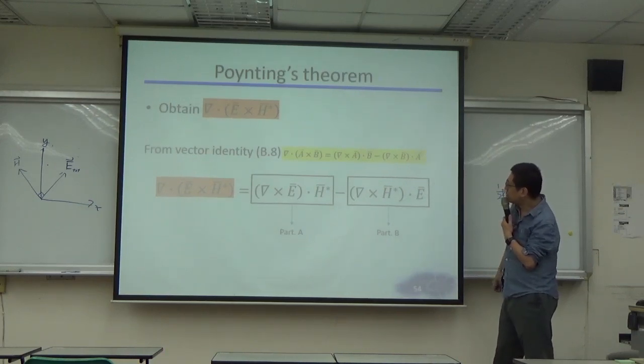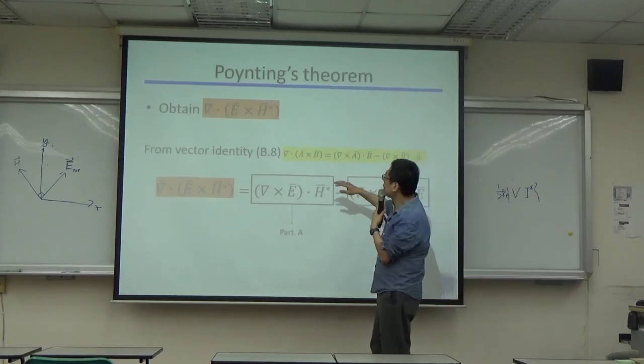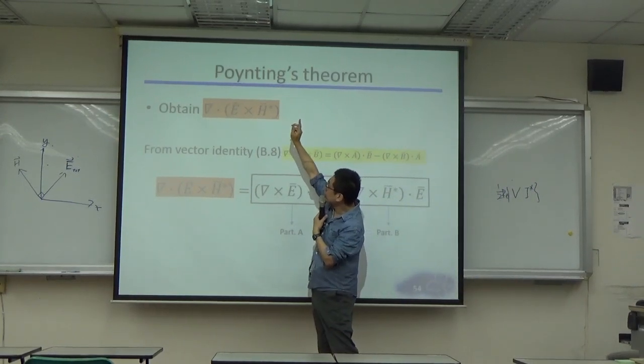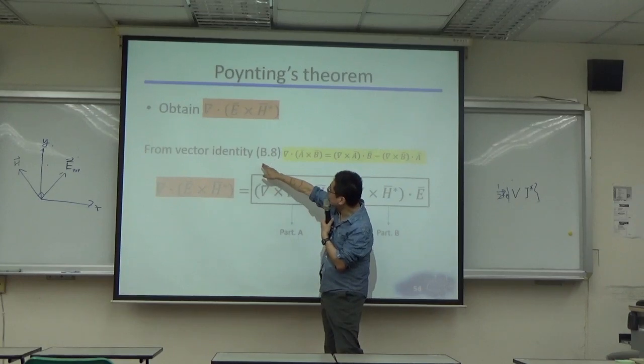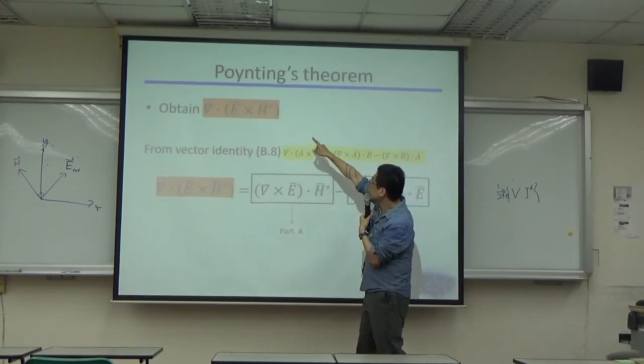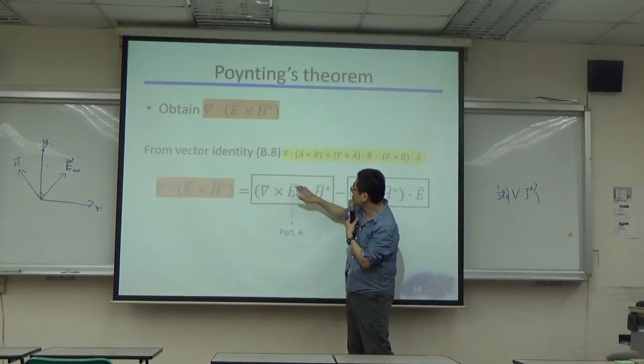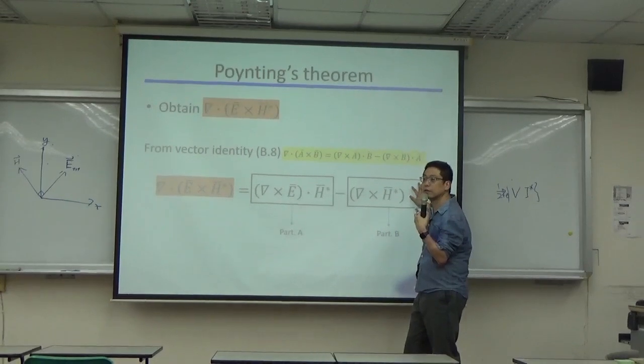Those are very complex calculations. I did it by myself before, but I want to show that if you don't want to do the math, use identity B8. You write down this form, and then you separate your divergence into these two parts.